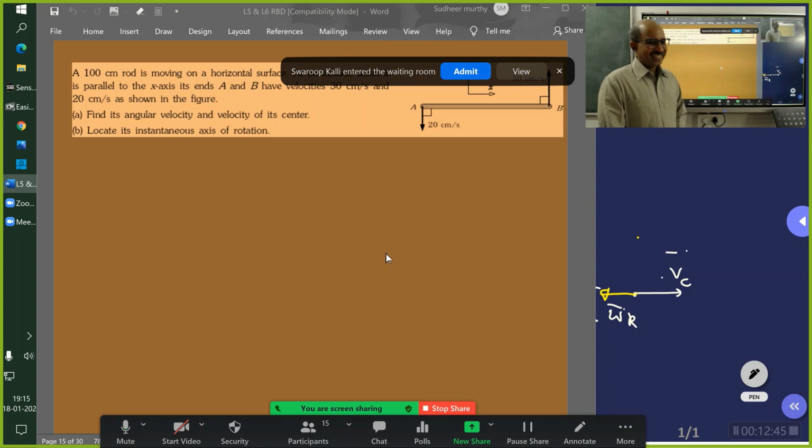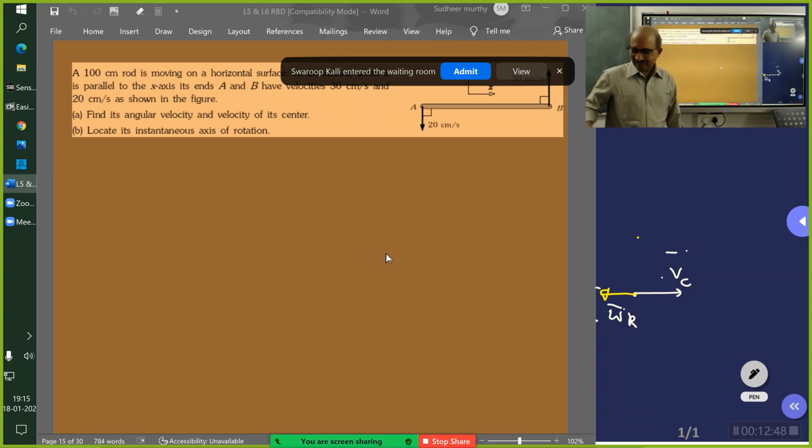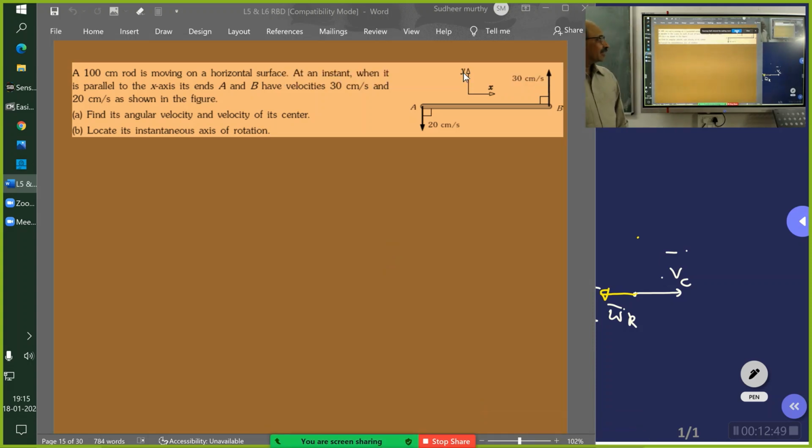Got the velocity. Yes. Others also take some time, another 2 minutes. See, whatever you have learned, you have to apply it here. That's it.